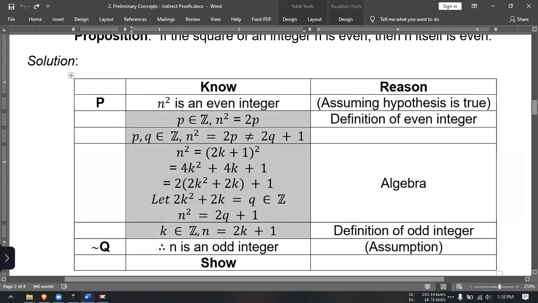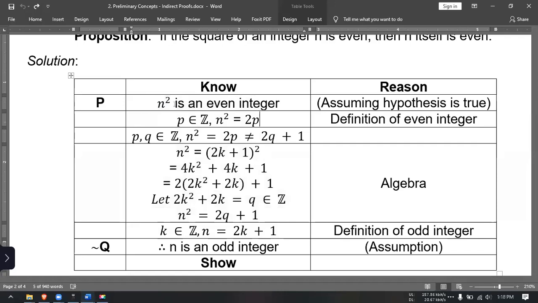From there, by definition of even, n squared is an even integer. So by definition, n squared is 2p, where p is an element of Z. So there exists n squared, which is equivalent to 2p, which is an even, definition of even.